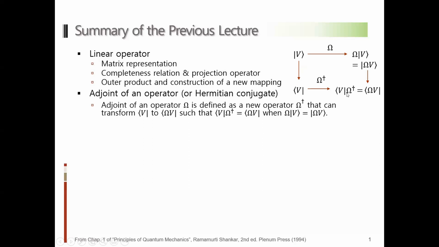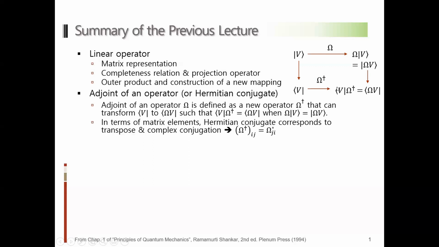If we can find such an operator, omega, then we will write this operator using the dagger notation. So if the original operator was written as omega, then we will write the corresponding new operator as omega dagger. And of course, this omega doesn't necessarily have to be the same as omega dagger.